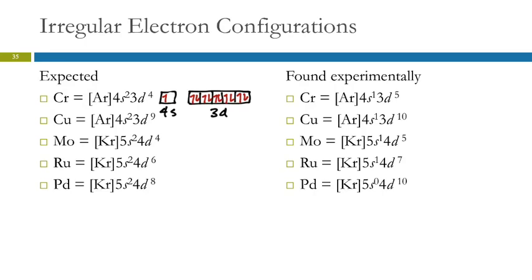I only will expect you to know these two. Those are the irregular electron configurations. Well, actually, that's the expected. I meant to highlight this. This is what we want to know. We want to remember what it actually is, the experimental. So I'm going to erase this other highlight. I got lost.